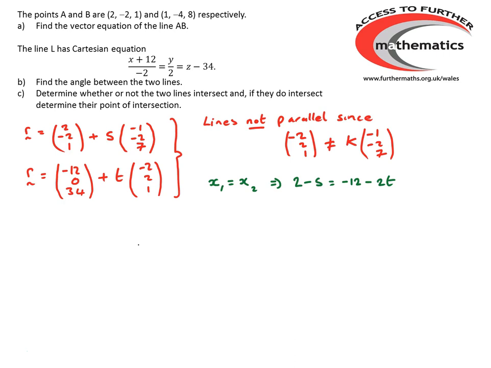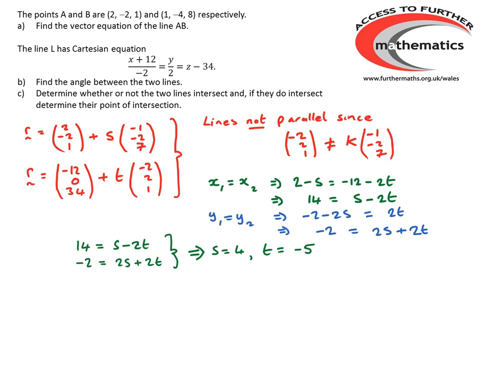So if the x-coordinates are going to agree, we've got to have 2 minus s equaling -12 minus 2t, which we can rewrite as 14 equals s minus 2t. And if the y coordinates of the two lines are going to agree, we've got to have -2 minus 2s equals 2t. In other words, 2s plus 2t must equal -2. We've got a pair of simultaneous equations, and for those simultaneous equations we obtain s equals 4 and t must equal -5.